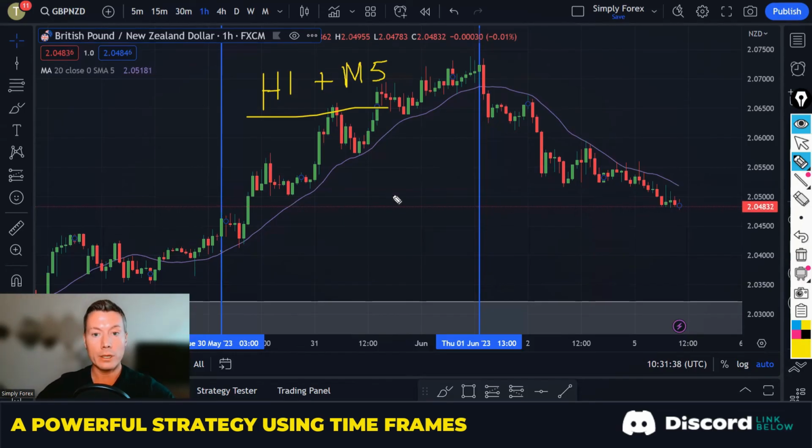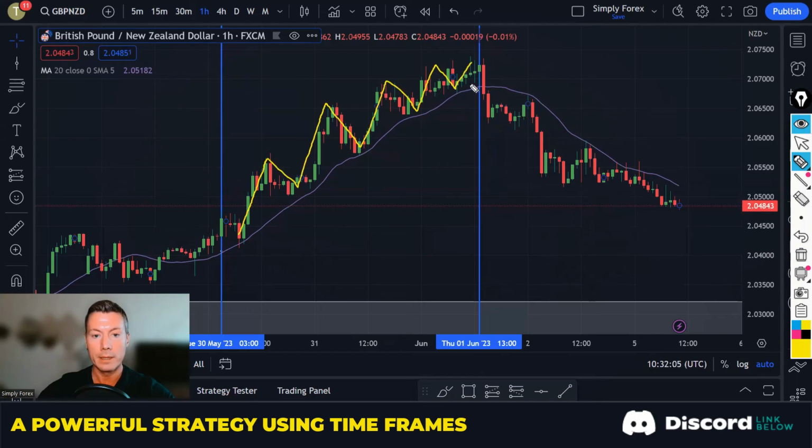So this time, we looked at a short trade, a downtrend with Euro Yen. So let's look at a buy trade with Pound New Zealand dollar and look at an uptrend on the H1. Again, I've highlighted the start and finish of an H1 uptrend. You can clearly see, guys, price has been in an uptrend, and that's what we're looking for first of all.